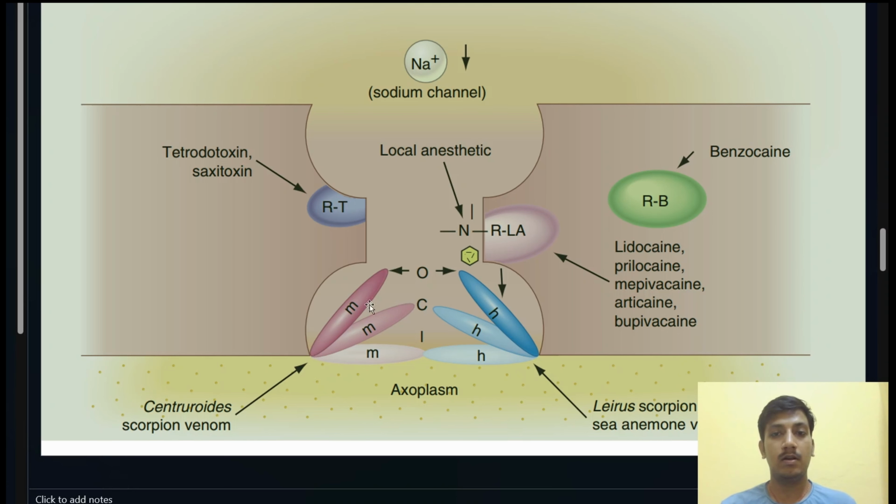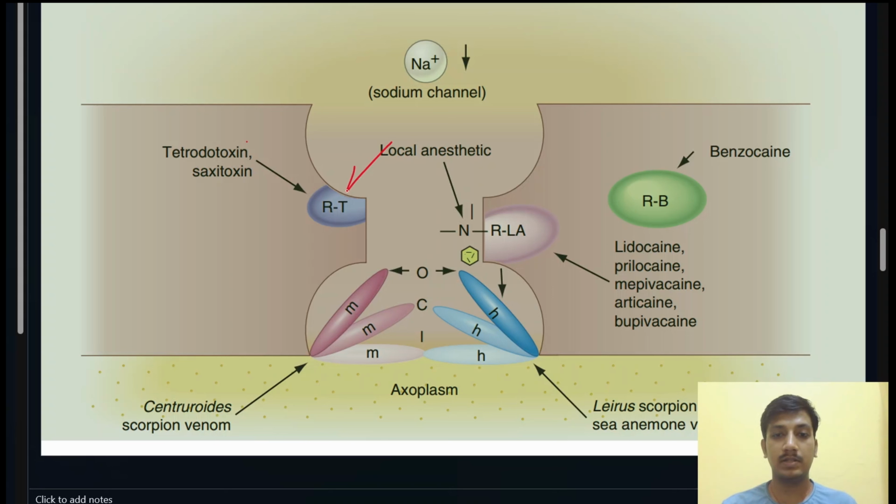Moving further, here we have the figure in which we can see the sodium channel, which has two sides: one is the outer surface and one is the inner surface. On the outer surface, the ionized form of the LA binds here.